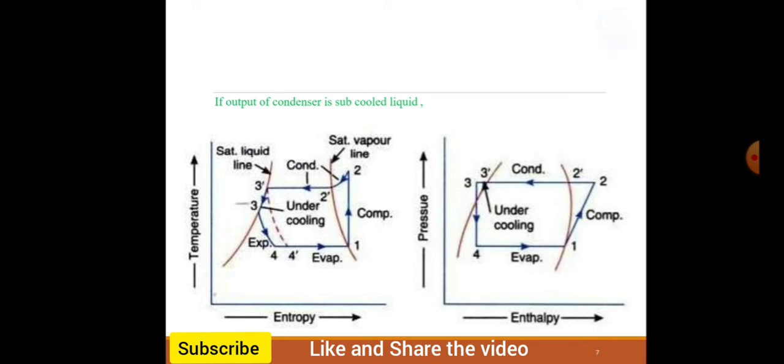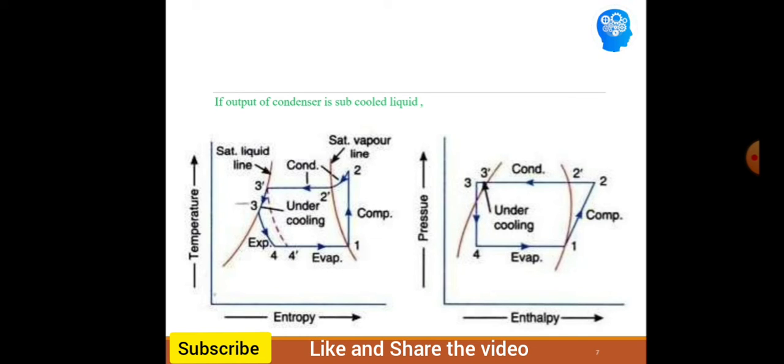If output of condenser is subcooled liquid, that is point number 3 dash to 3, that is subcooled liquid, where the outlet of the condenser crosses the saturated liquid line and condenses to liquid.